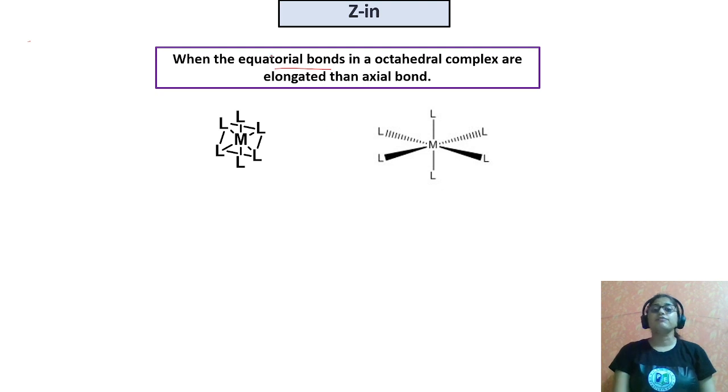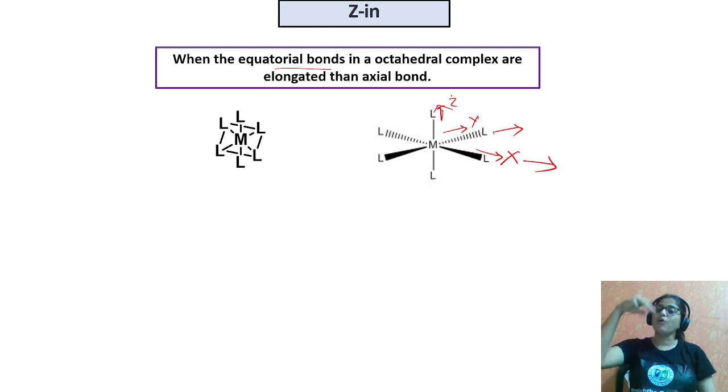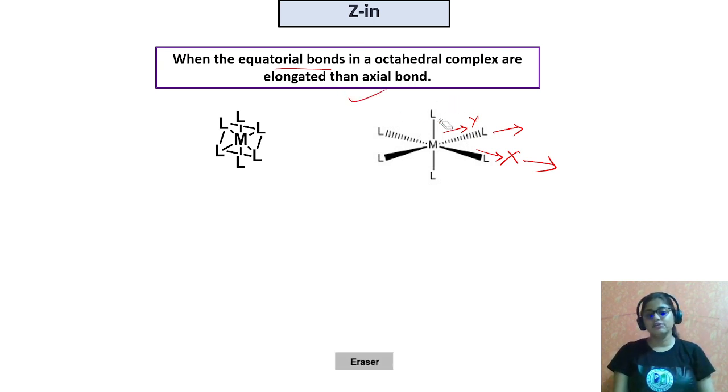It will happen when the equatorial bonds, this is z, this is y, and this is x, so through x and y the elongation happens. These four bonds will increase, so that it seems like through z the bond length decreases, but that is not the case.